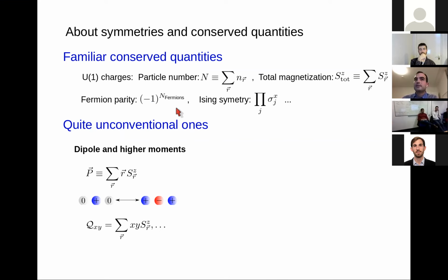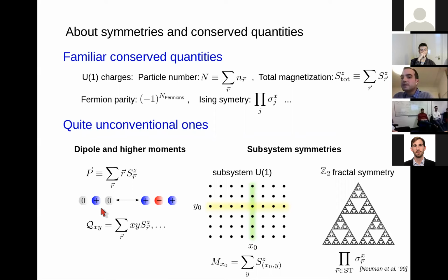Conservation of this quantity imposes really strong constraints on the dynamics of the fundamental charges. For example, a single charge cannot freely move if the total dipole is conserved, but instead has to emit a dipole in the opposite direction. This applies to higher moments too, where in general you have a finite order polynomial of the coordinates multiplied by the local density.